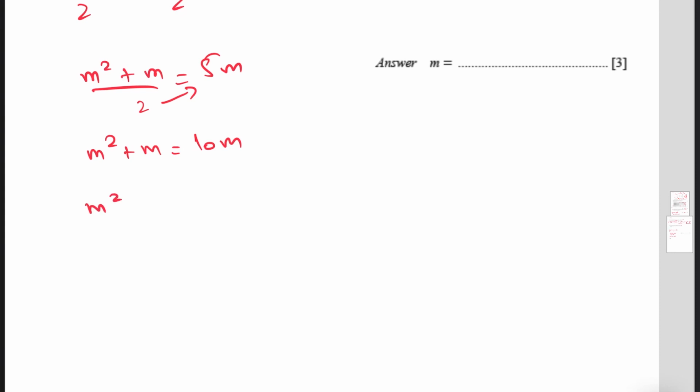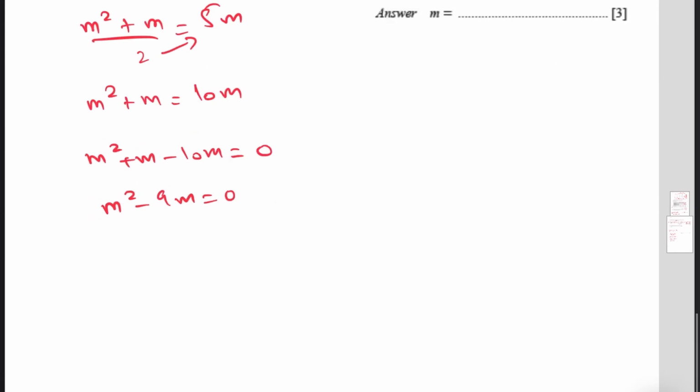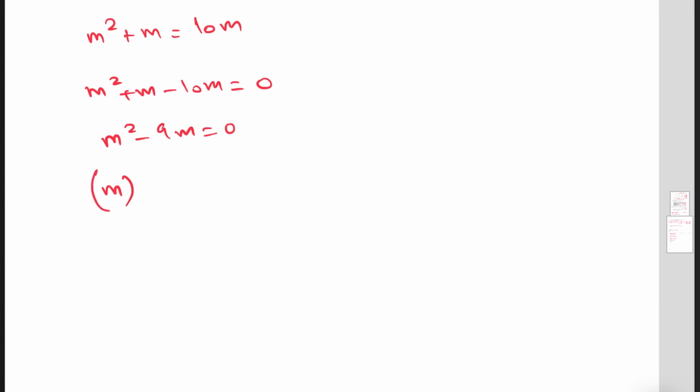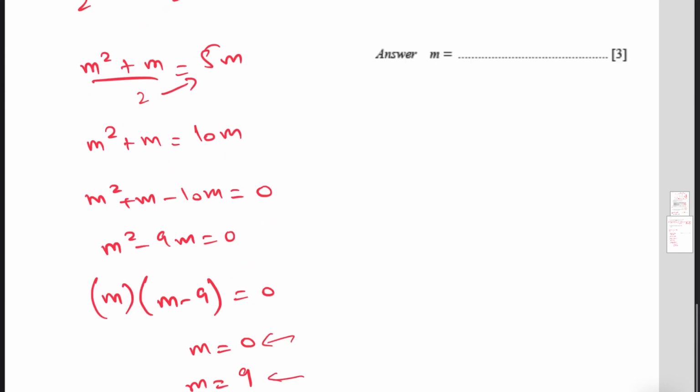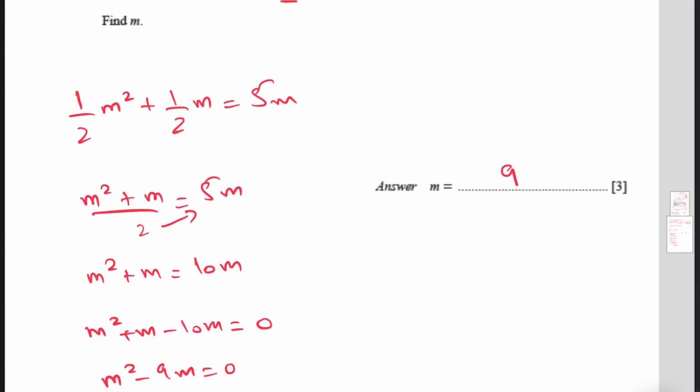So you do m squared plus m minus 10m equal to 0. So you have m squared minus 9m equal to 0. If you take m as the common factor over here, m can be equal to 0 or m can be equal to 9. Of course it won't be 0, so the value that you're left with is 9. So you write it over here.